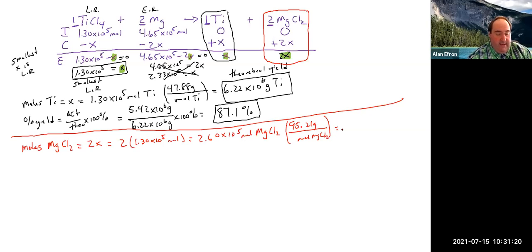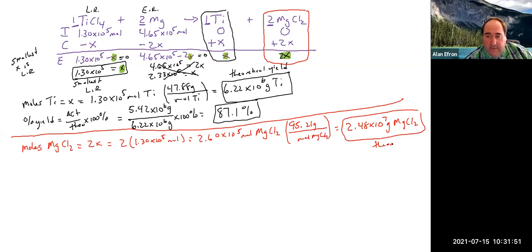And if we take that and times that by 2.6 times 10 to the fifth, we would see that we would produce something like, we'll call it, 48 times 10 to the 7 grams of magnesium chloride. And that would be our theoretical yield of magnesium chloride in this particular case.